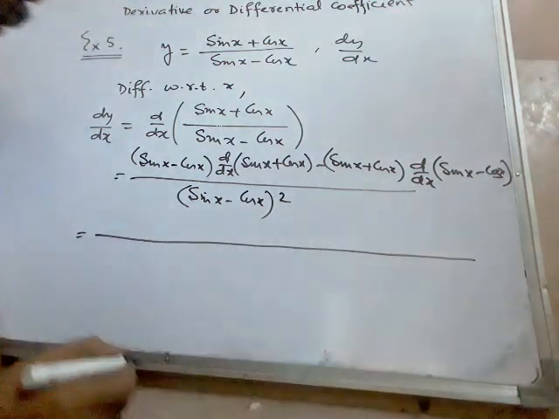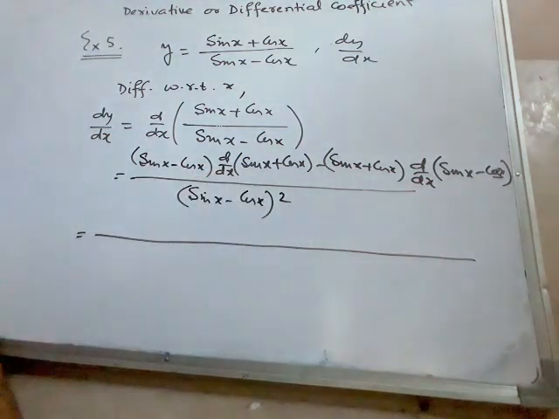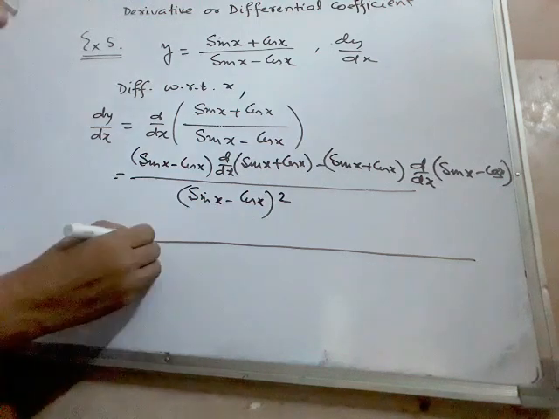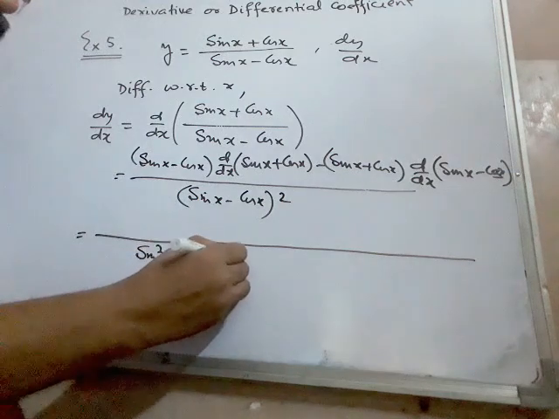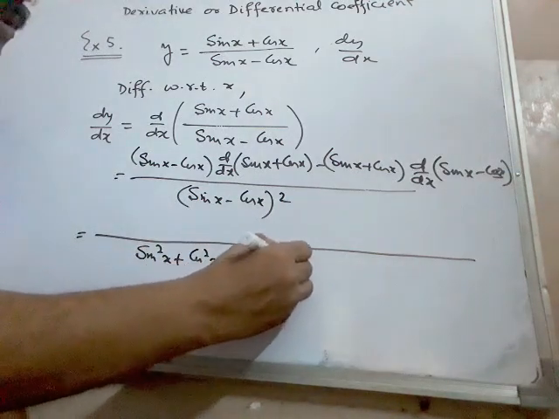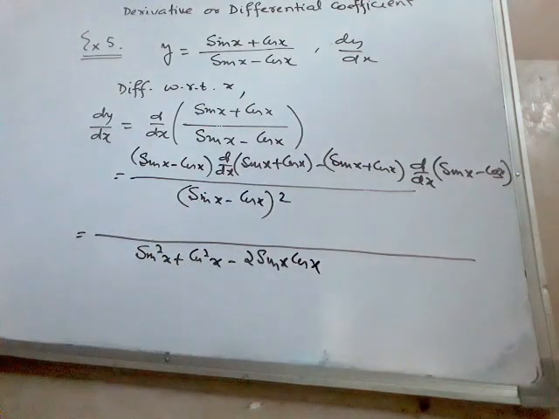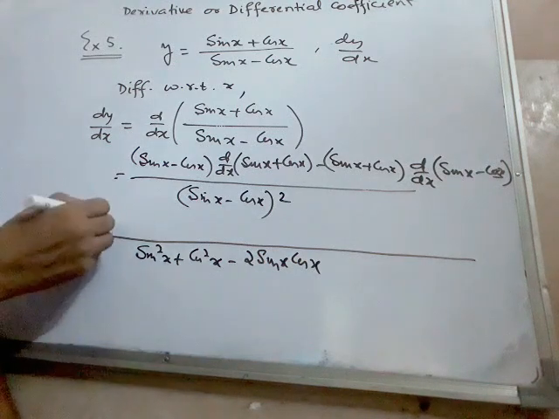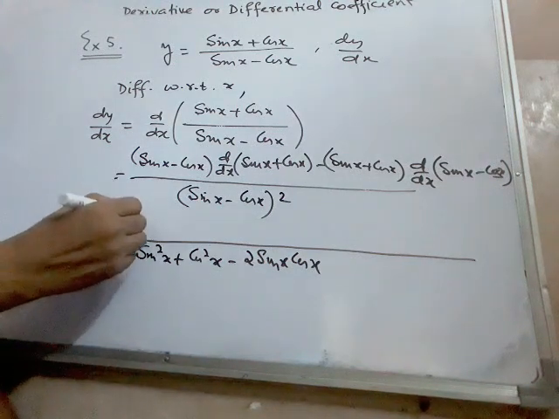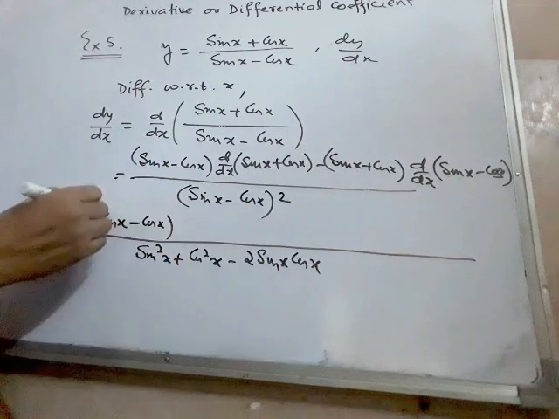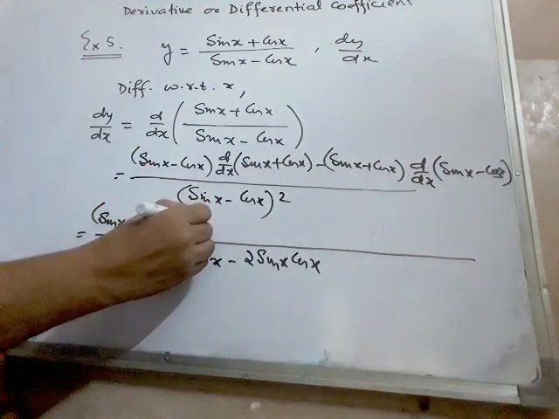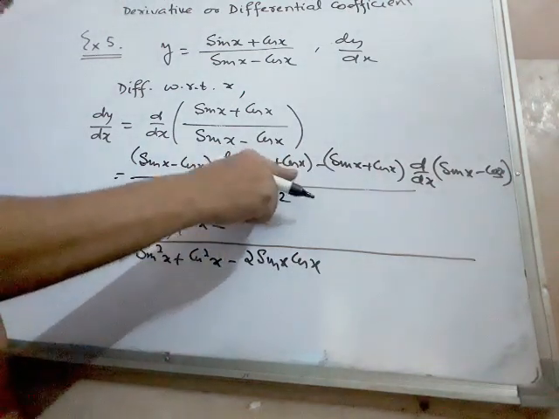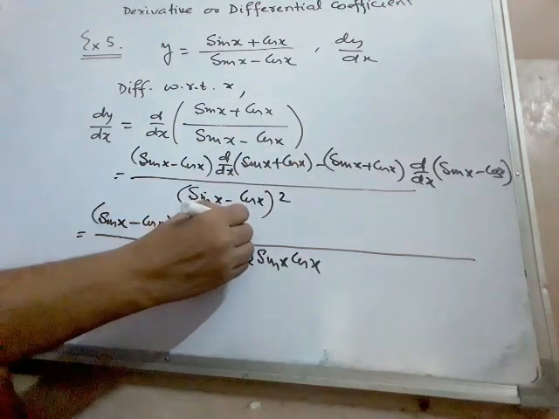So the result will be this over (sin x minus cos x) whole square, that is sin square x plus cos square x minus 2 sin x cos x. In the numerator, (sin x minus cos x) into the derivative of sin x, which is cos x, and the derivative of cos x is minus sin x.